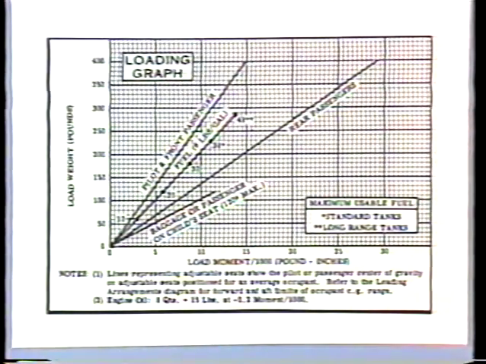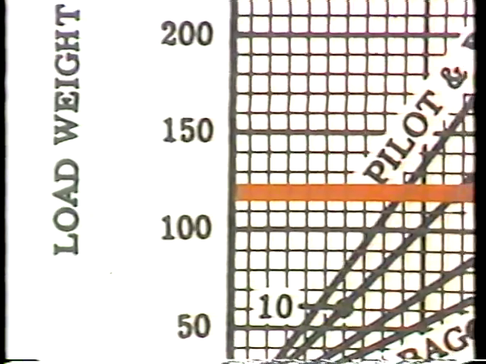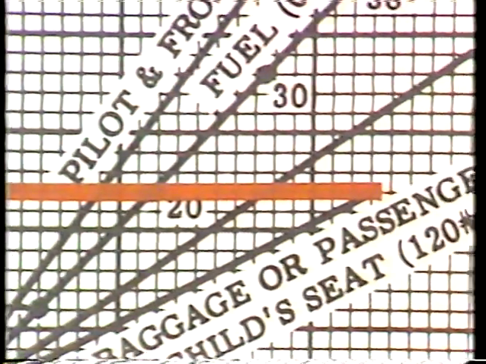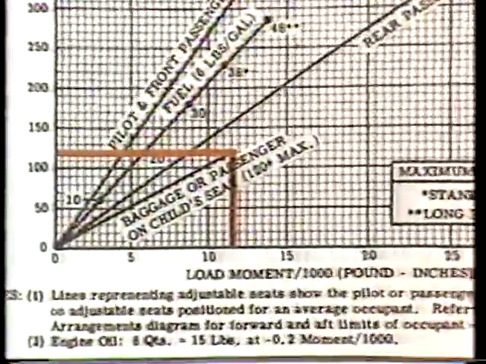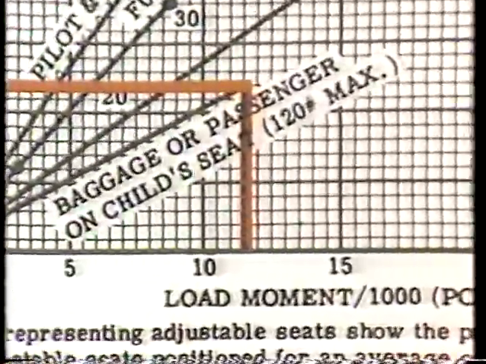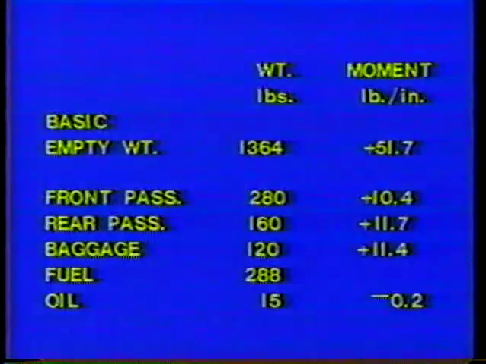For the baggage weight, enter the graph at 120 pounds, moving horizontally to the baggage line. Then move vertically down to 11.4, the moment index. Add this to your worksheet as you did the other moments.